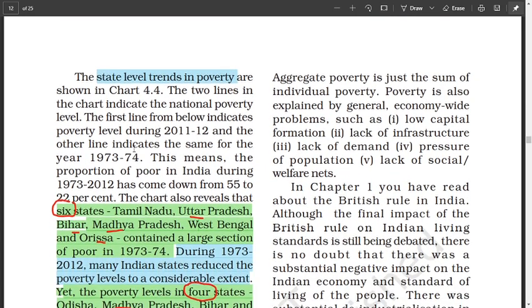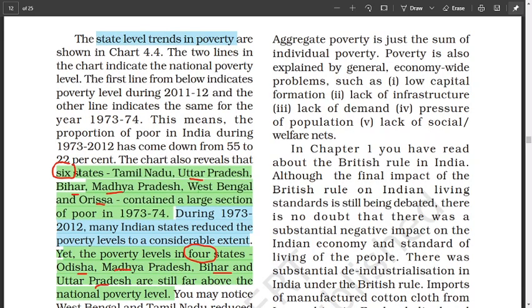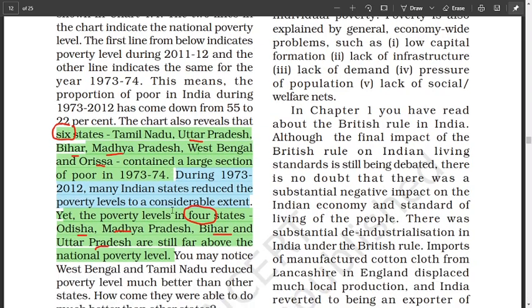If you look at state level, you'll find 6 states in 1973-74 that are the poorest: Tamil Nadu, Uttar Pradesh, Bihar, Madhya Pradesh, West Bengal, and Orissa. But in 2012, many states have been able to grow, develop, and improve, and reduce the number of poor people.